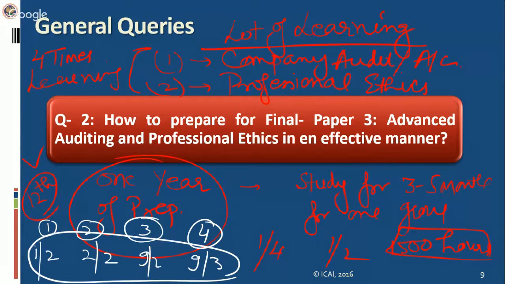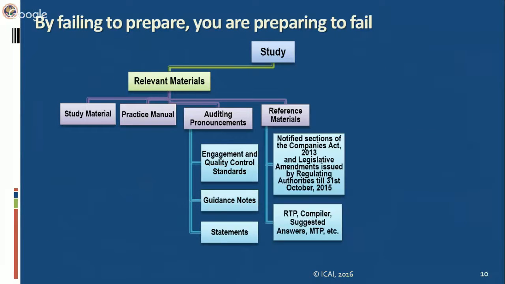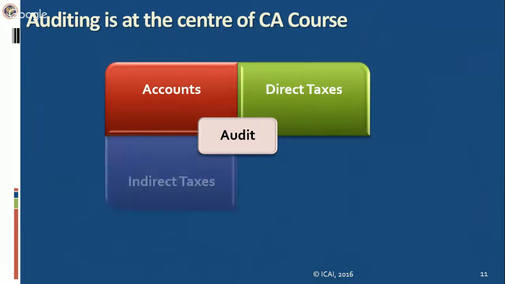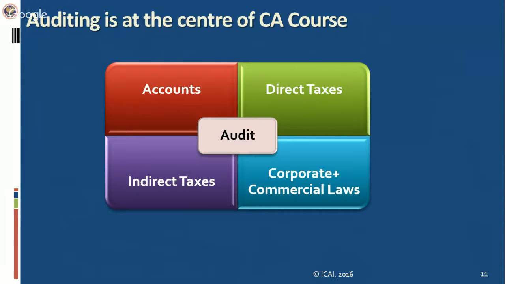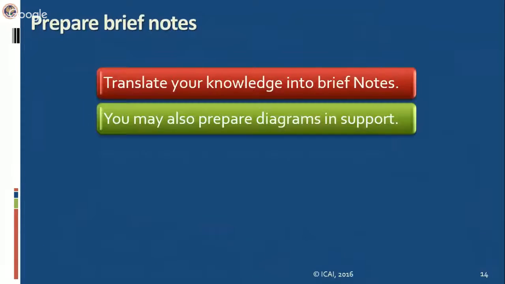Balance say 18 chapters. 3 chapters I take on account of company audit, and 1 chapter on account of professional ethics.